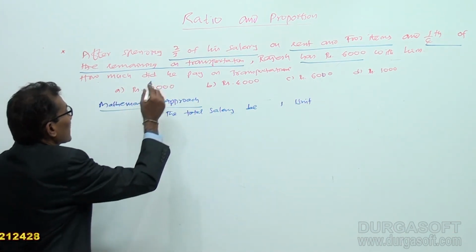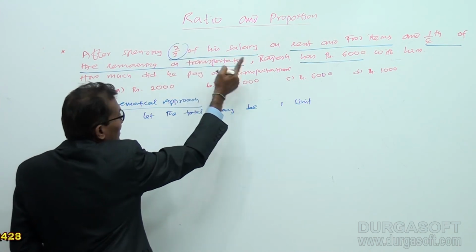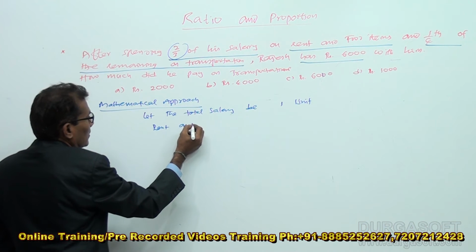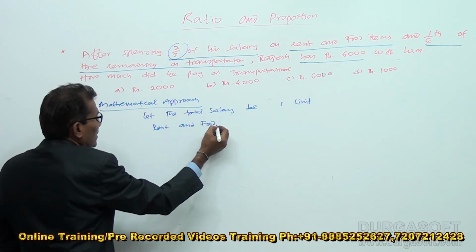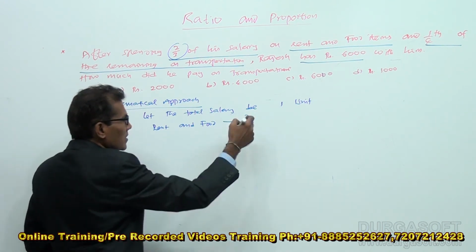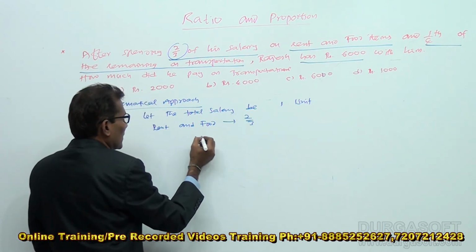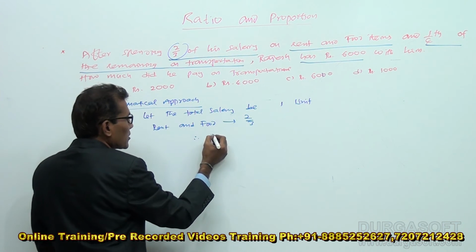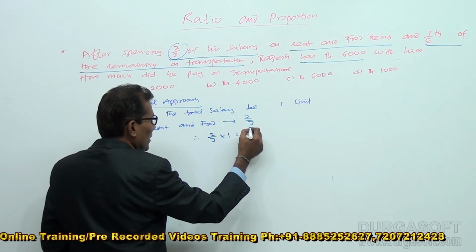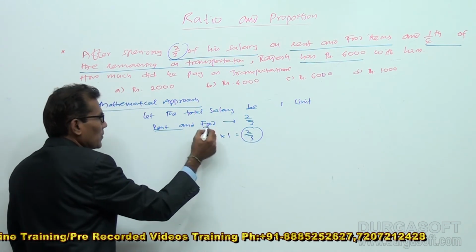He spent 2/3 of his salary on rent and food. Salary is 1 unit, therefore the expenditure is 2/3 of 1, which is 2/3 only.